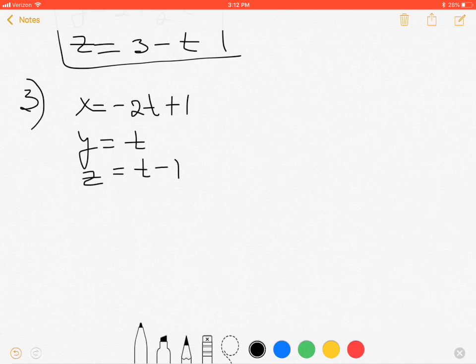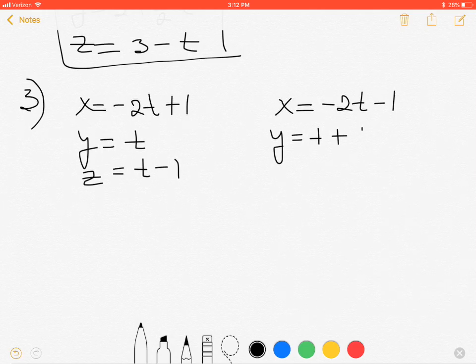This is line number 1, and line number 2 will be x equal negative 2t minus 1, y equal t plus 1, and z equal t plus 2.